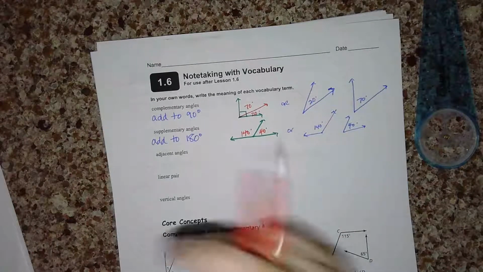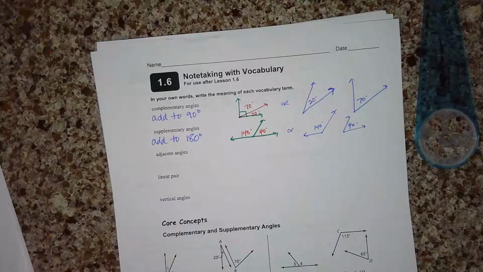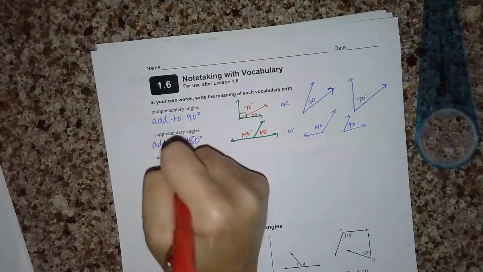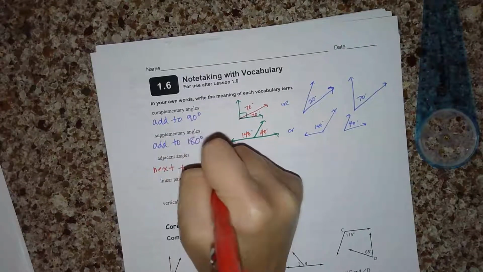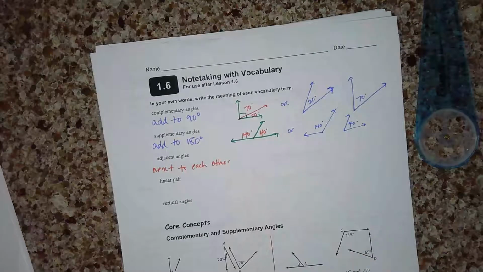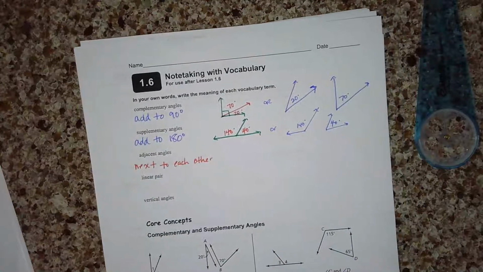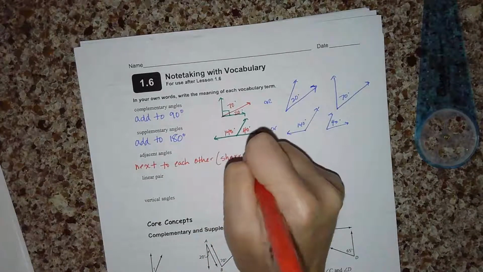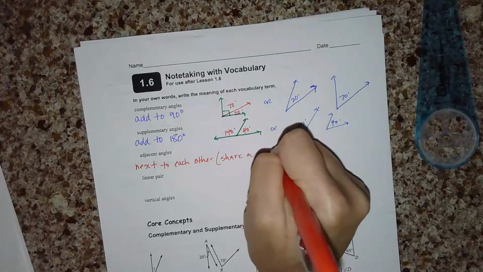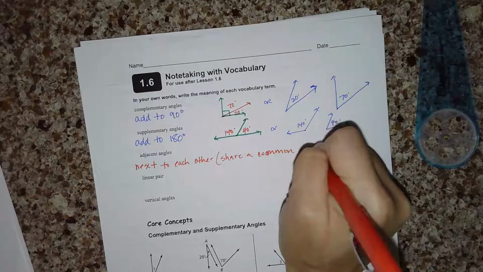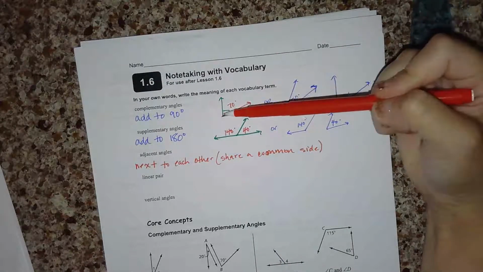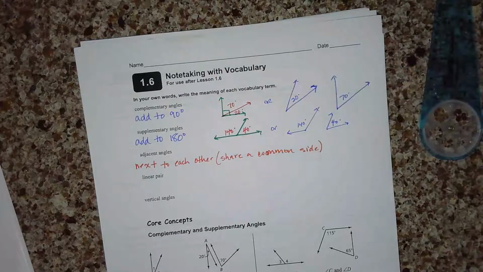All right, so now here comes the fun part. Adjacent angles means next to each other. This means that the angles are connected. They share a common side. For example, these angles right here are adjacent because they share a common side.